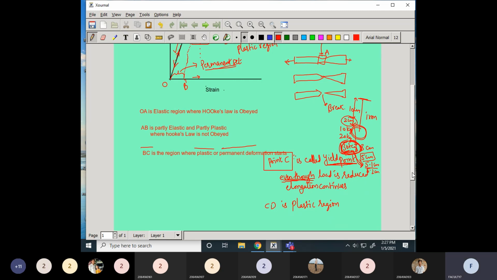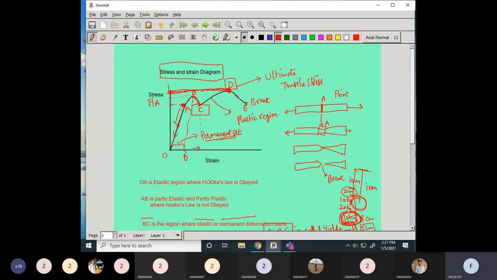Now, what are the important points regarding the stress strain diagram? You consider the materials, and depending on the variation between stress and strain, the first point is that you need to find whether the material is brittle or ductile. What is the meaning of brittle?